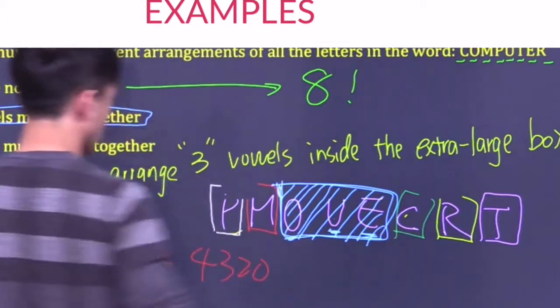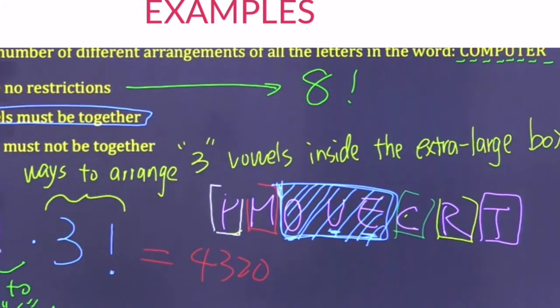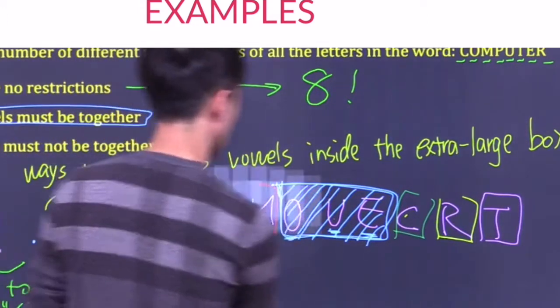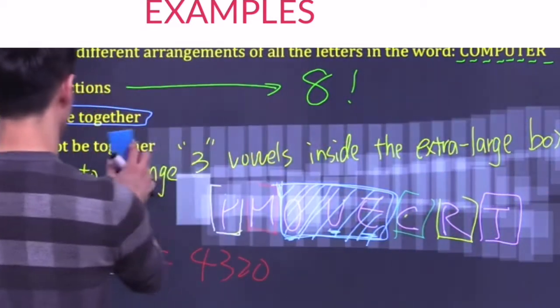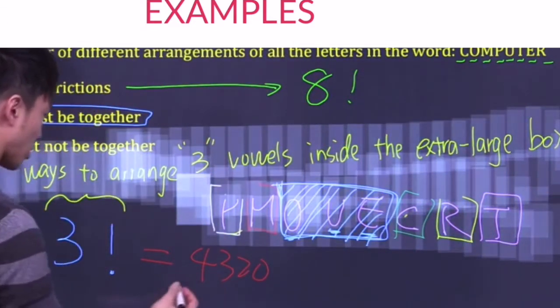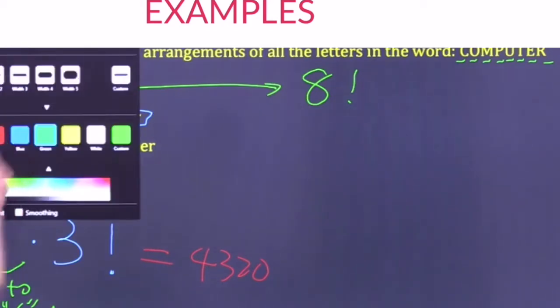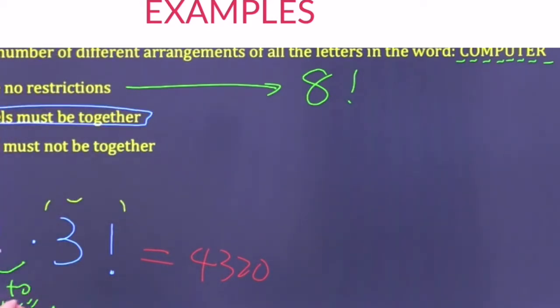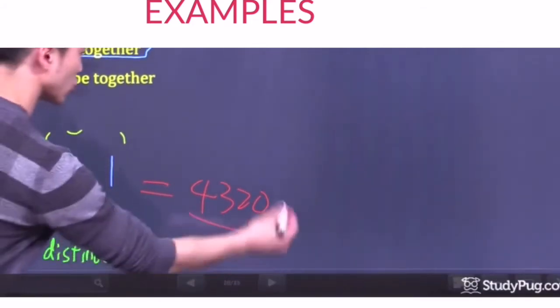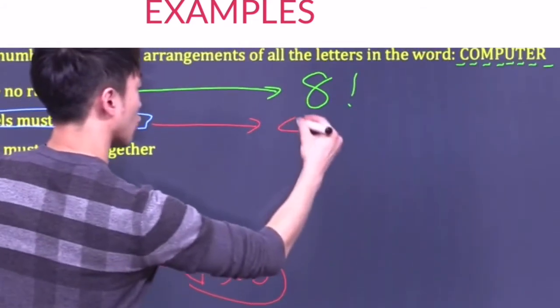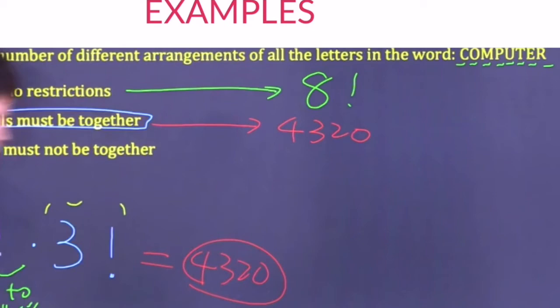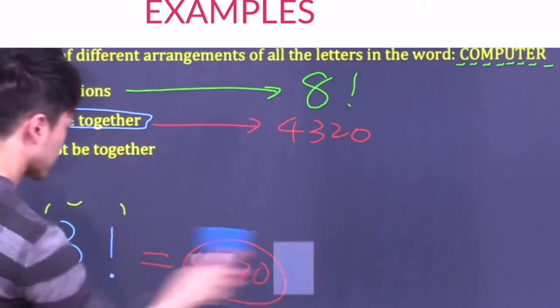So guys, oh, by the way, the answer for the second question is 4320, right? So I'm going to write it here, okay? 4320. Okay? Good. Okay, now let's look at the third question here.